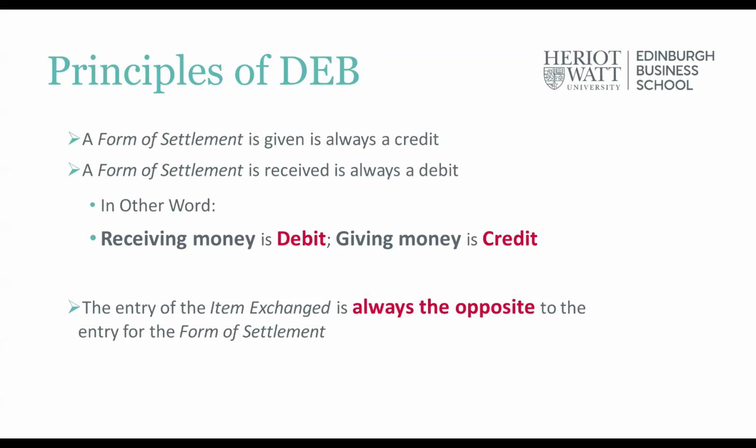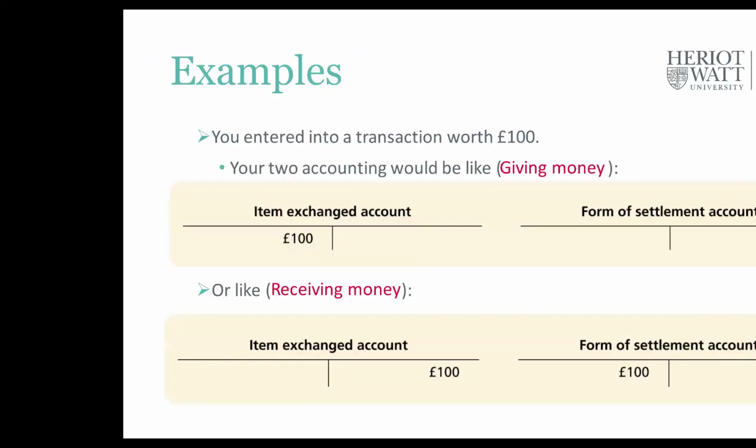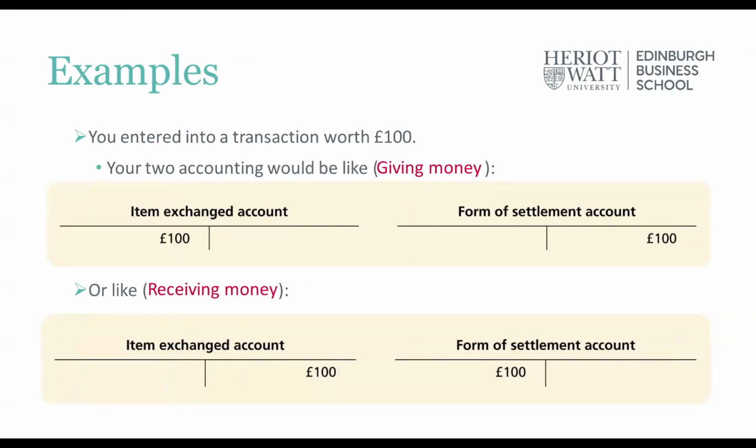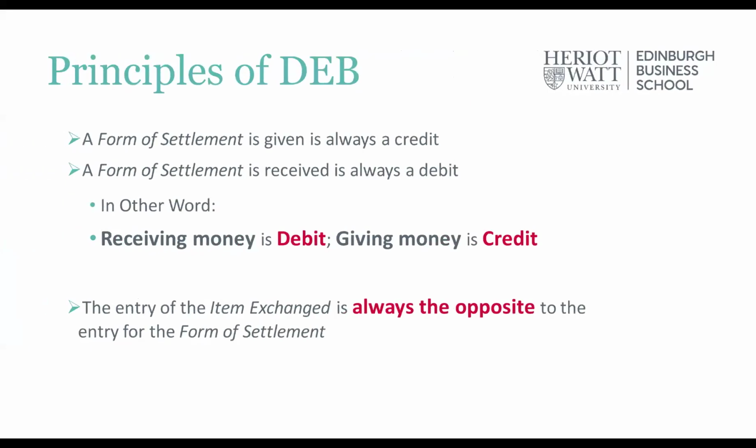Yes, sir. So the entry of the item exchanged is always the opposite to the entry of the form of settlement. I'll explain what that means. What it simply means is that, let me pick an example.